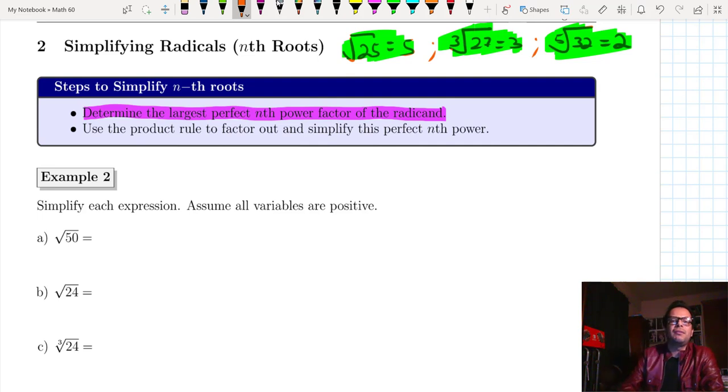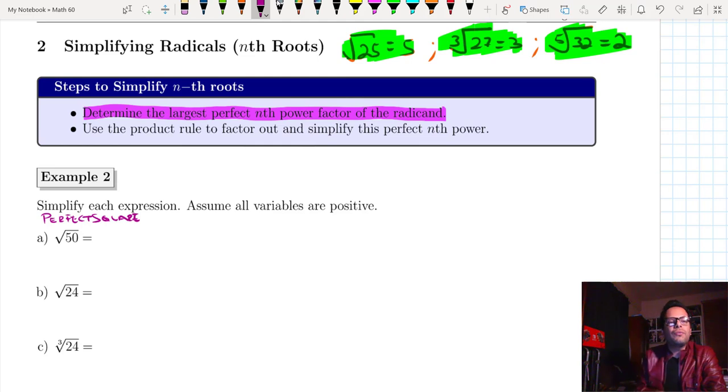Now, what are we going to do here? We are going to factor the number 50 in a way that one of the factors is a perfect square.